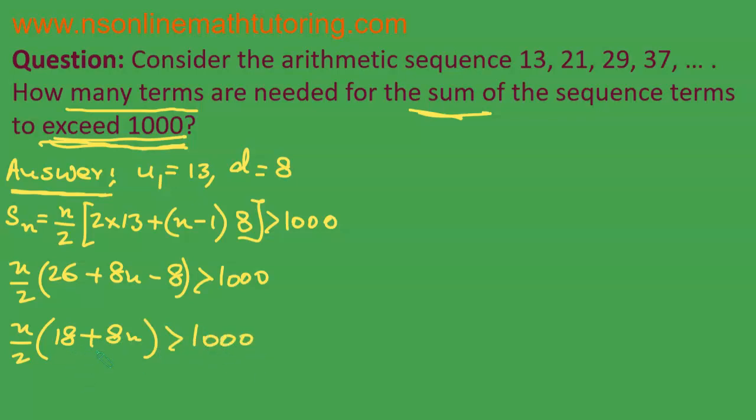And if we take out the common factor of 2, because I want to get rid of this denominator, it is n over 2 times 2, and within the bracket we are having 9 plus 4n, is greater than 1000. And these two will now get cancelled.